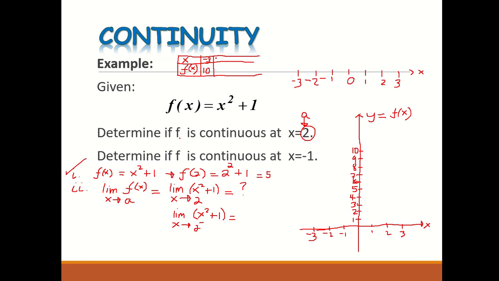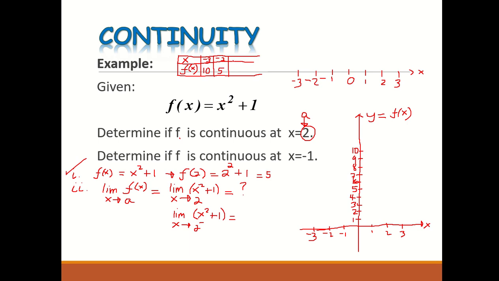Okay, so when x equal to minus 2, just refer to this graph class or this Cartesian coordinates. So when x equal to minus 2, minus 2 squared is 4 plus 1, so we have 5.